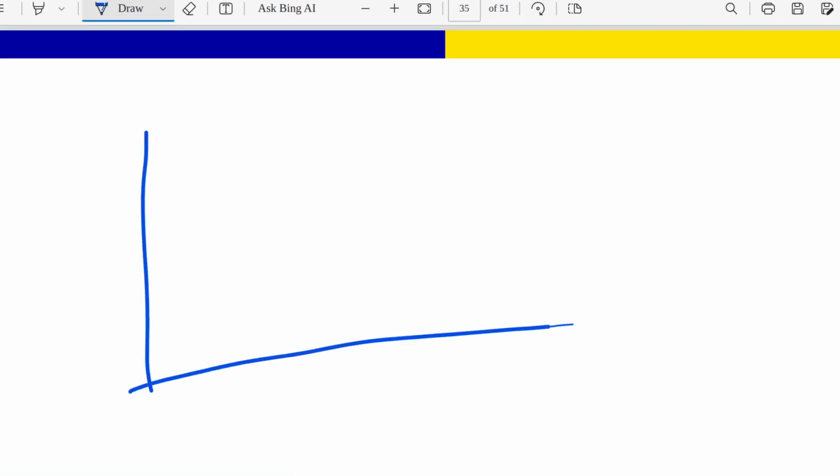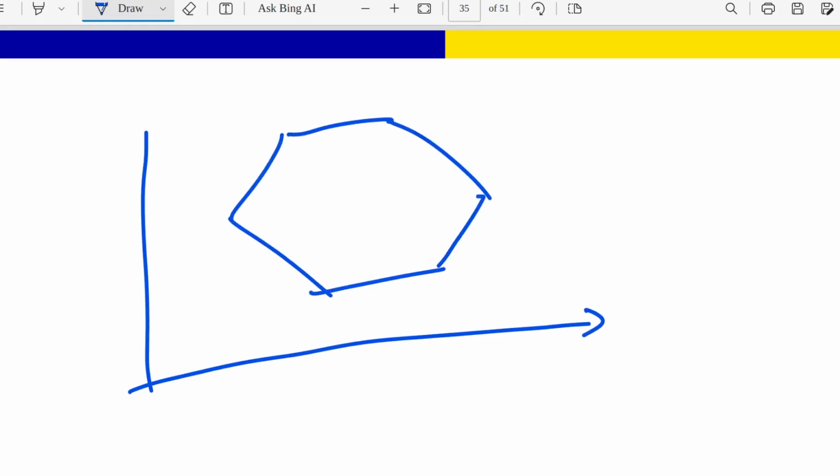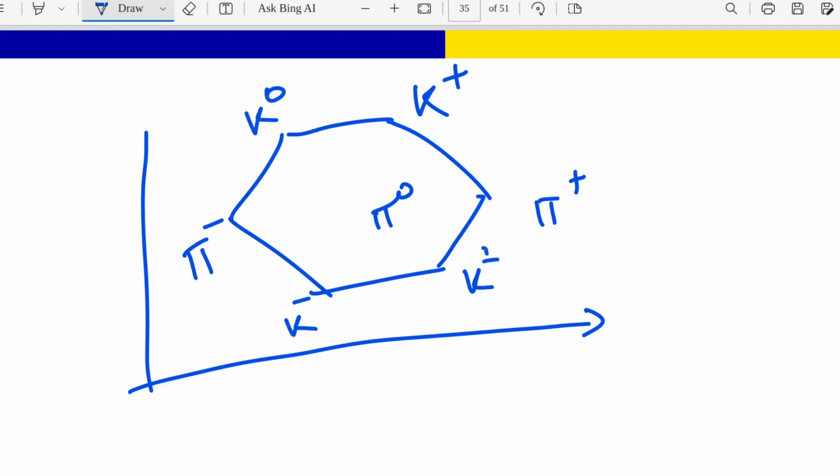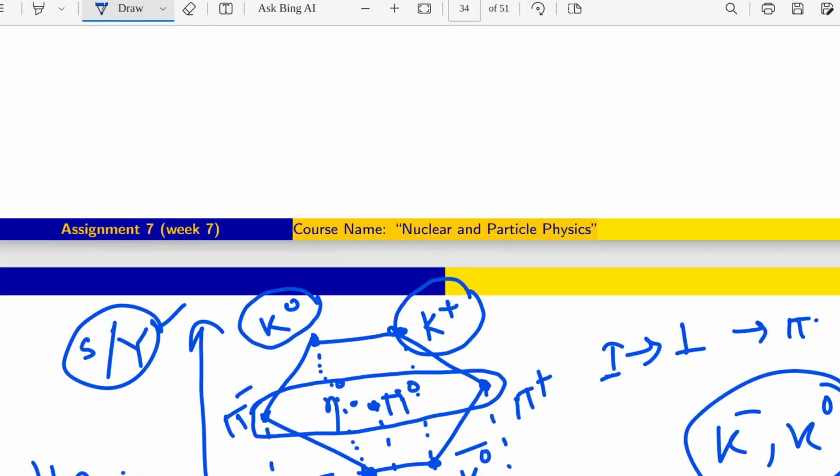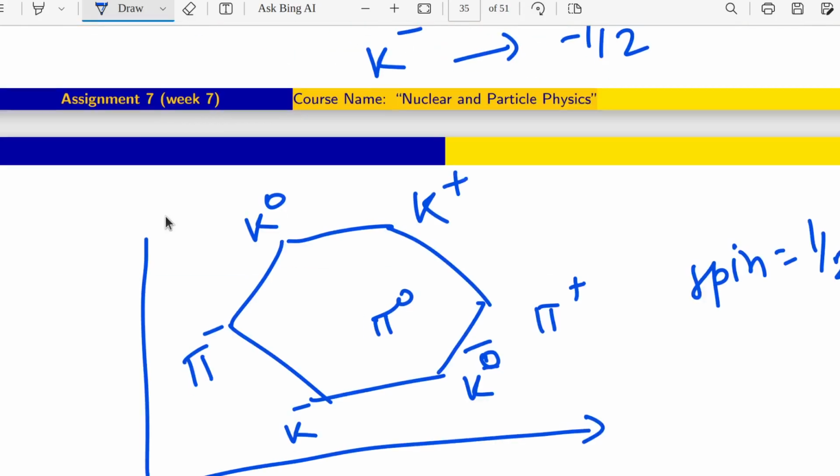I am just going to write it again because it is already messy. So this is pi minus, pi 0, pi plus, K plus, K0, K minus, K0 bar. So in that meson octet, you can see that all the particles have spin half, and we are talking about two particles, K minus and K0.